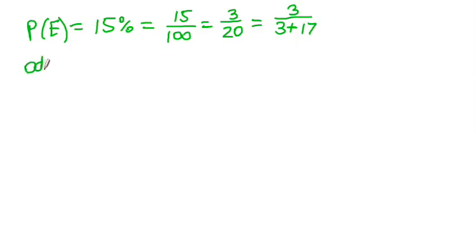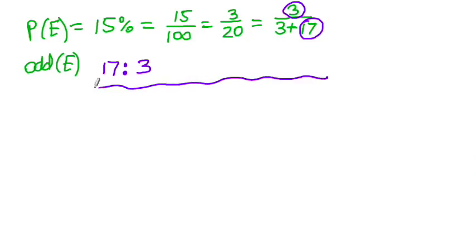So the odds of this event against this event happening are going to be failures, which is 17, compared to successes, which is 3. So if you have a probability of an event that is 15%, that's the same thing as the odds are 17 to 3 against it. 17 failures, 3 successes.